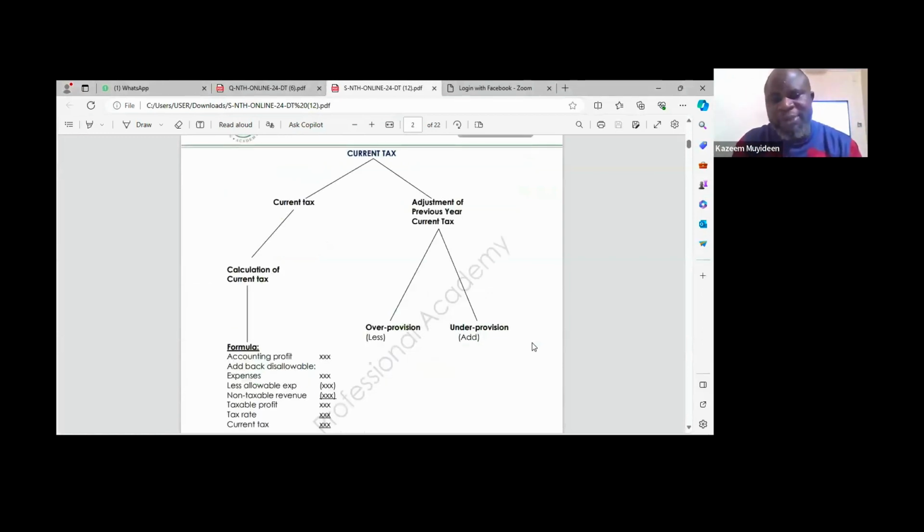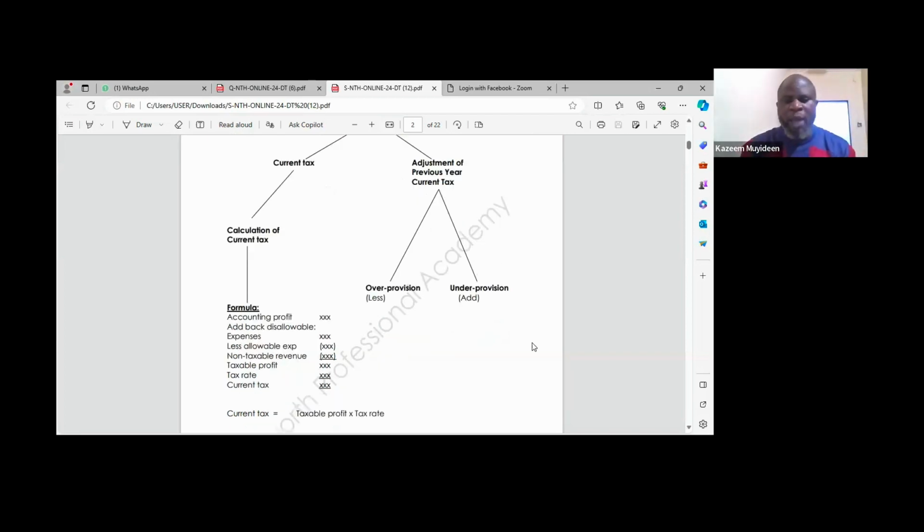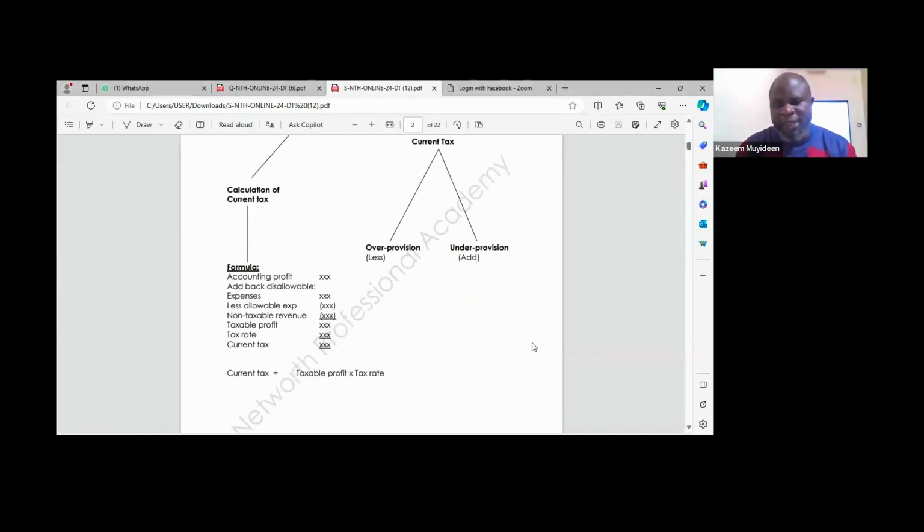Current tax, calculation of current tax. We have the formula: accounting profit, add back disallowable expenses, less allowable expenses, not taxable revenue, and we have a taxable profit. They will apply the tax to give you the current tax.